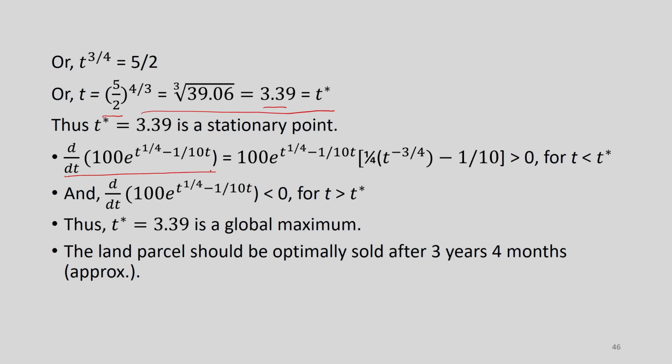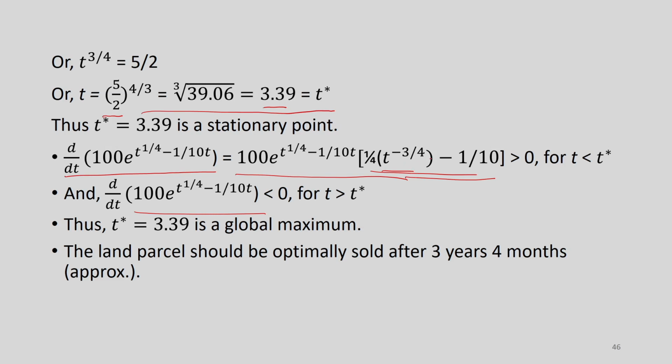So, this is what we have seen before. This is the first derivative. Now, if t is less than t star, then this will be greater than 0, right, and if t is greater than t star, then this first derivative will be less than 0. The reason why this is happening is that you can see here t is there, but t's power is negative.